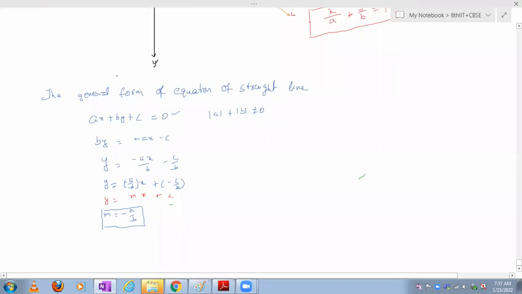Slope of this line is m is equal to minus a by b. You will get minus of x coefficient divided by y coefficient, meaning m is equal to minus of x coefficient by y coefficient.